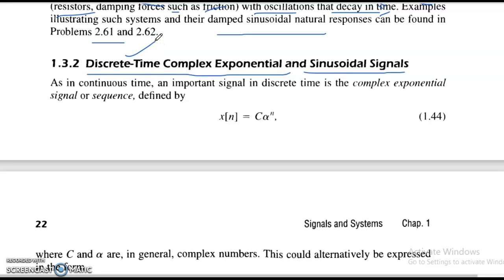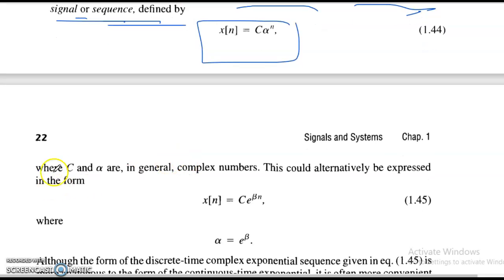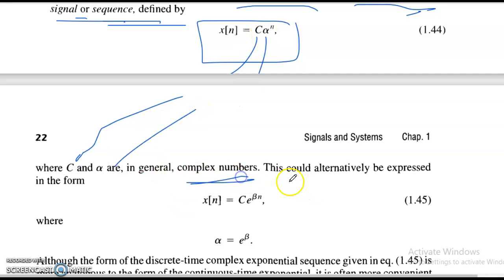As in continuous time, an important signal in discrete time is the complex exponential signal or sequence, defined by x of n equal to c alpha power n, where c and alpha are in general complex numbers.